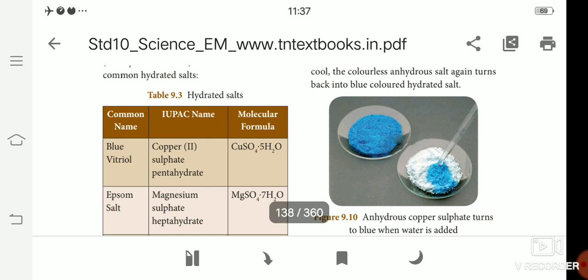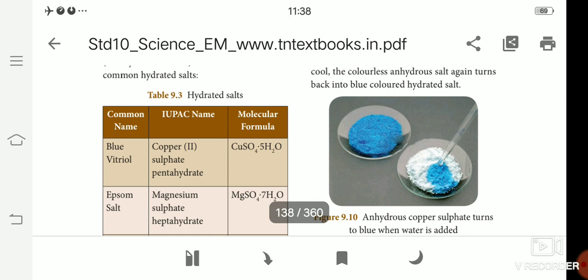Then green vitriol is iron(II) sulfate heptahydrate, FeSO4 7H2O. Then white vitriol is zinc sulfate heptahydrate, ZnSO4 7H2O. These are examples of hydrated salts.